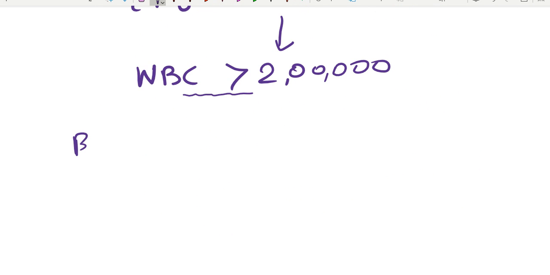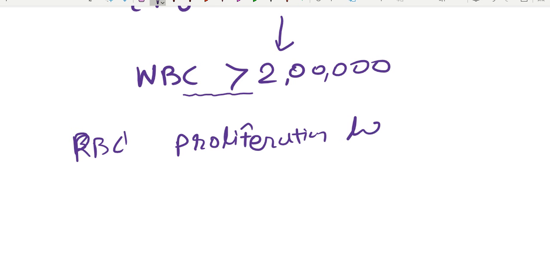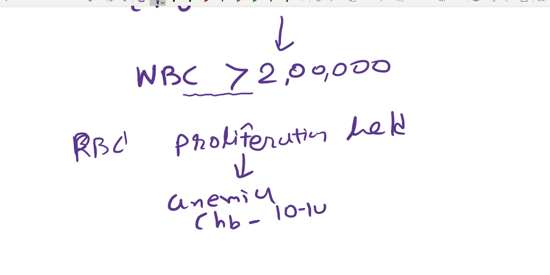There is RBC proliferation in the initial stage, but after some time, due to excess WBC, RBC proliferation is halted. So anemia occurs; hemoglobin is 10 to 11 gram per deciliter.